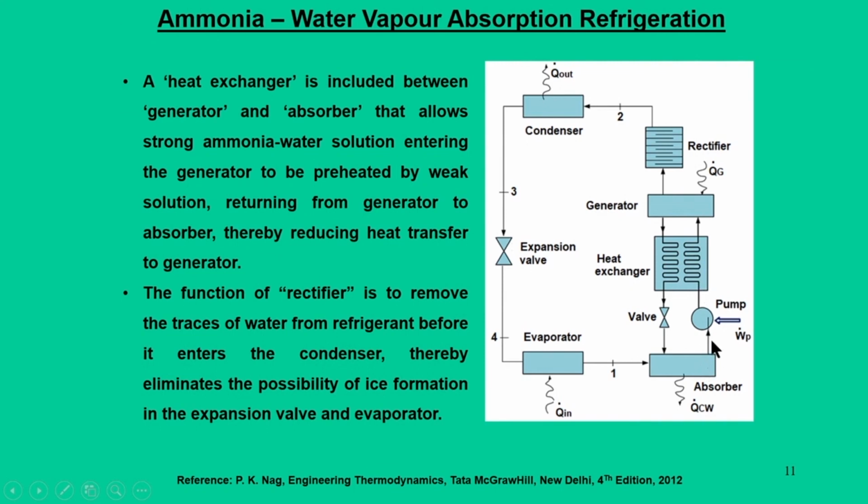From the absorber, a strong solution goes out. This strong solution gets preheated by taking heat from the weak solution released from the generator at high temperature. That is where the heat is utilized and the system performance improves.